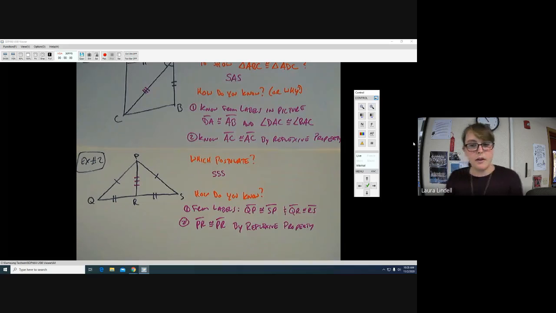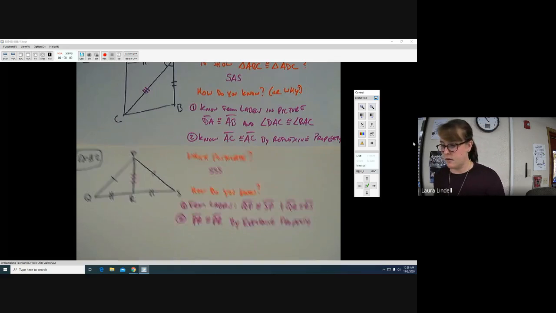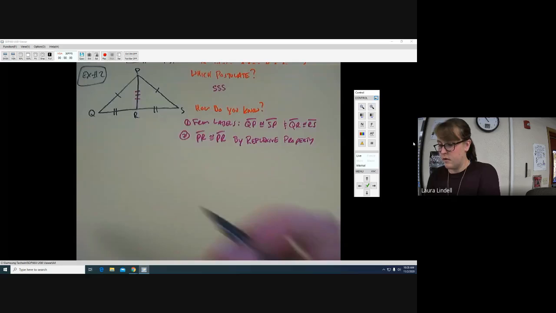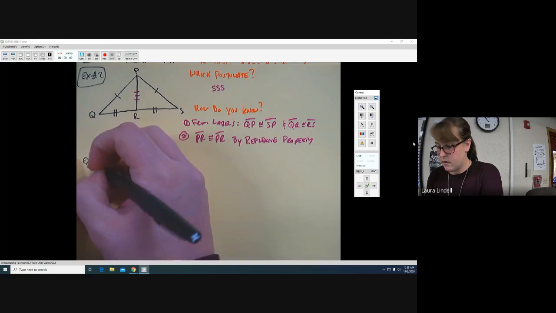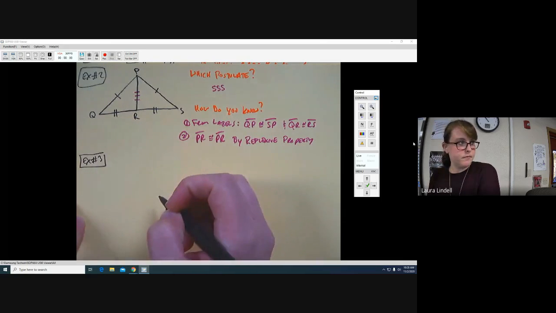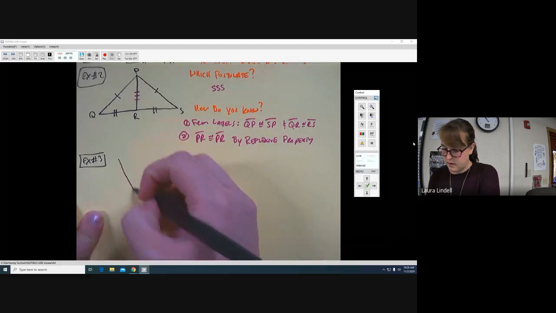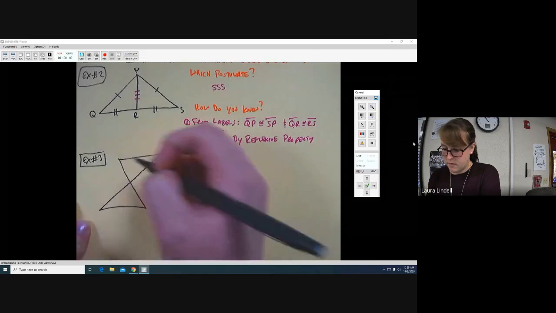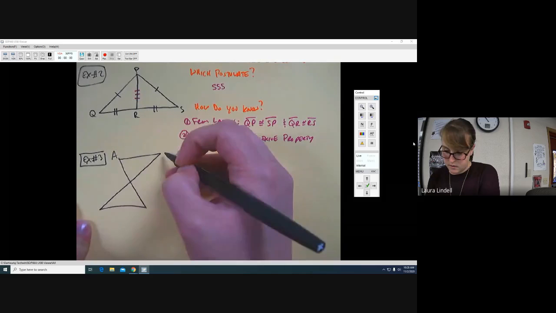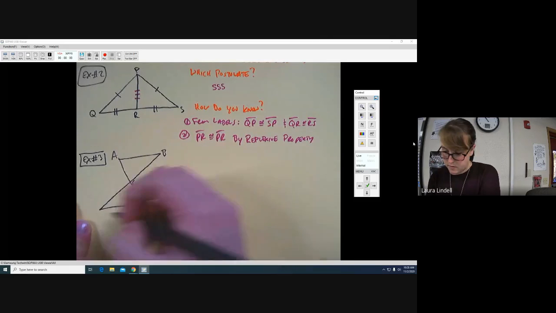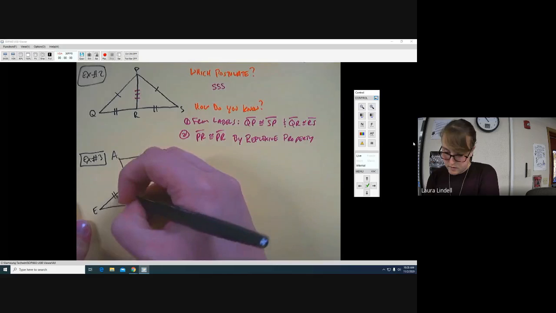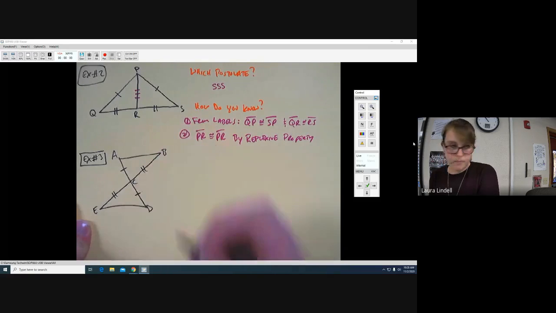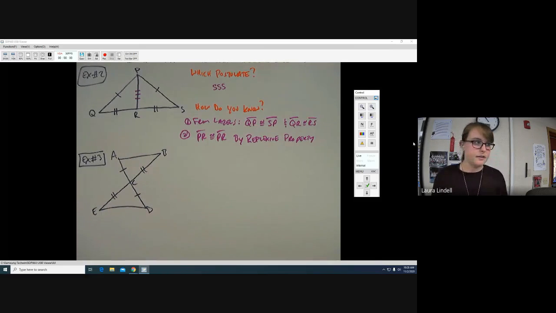Okay. Now we're going to take a look at something that involves vertical angles. All right, if we see a picture like this, we might also be asked the same questions.